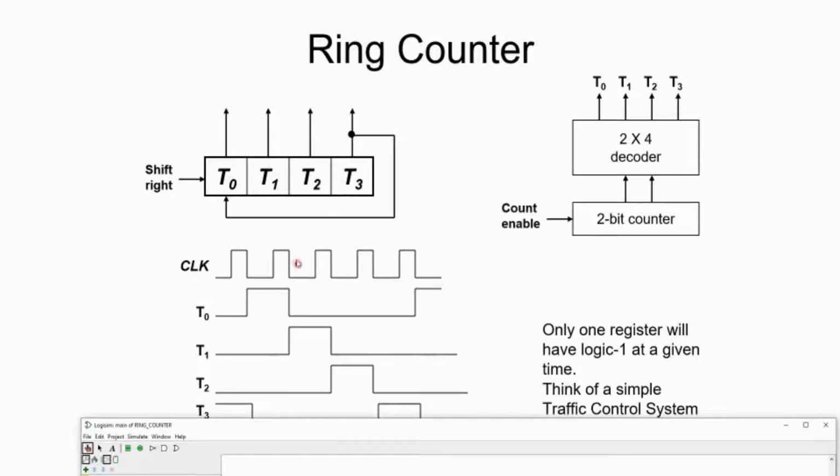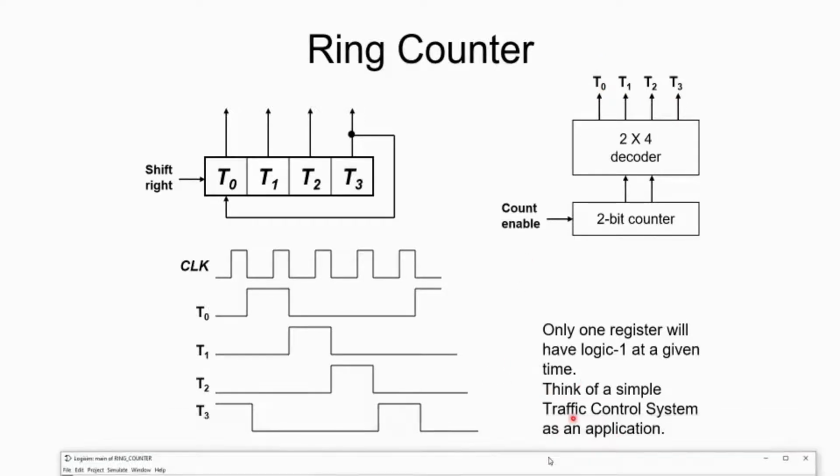It will be shifting with the arrival of every new clock pulse. The same goes for this 2-bit counter and decoder technique. You will see the logic 1 shift from T0 to T3 and come back to T0 again. So it will work like a simple traffic light system.